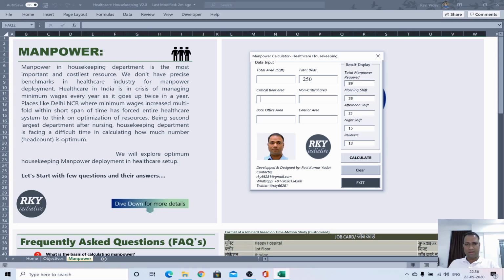Similarly for the critical patient floor area, non-critical patient floor area, back office area and exterior area. For example, if you have 75,000 square feet of critical floor area, then this will be the head count you should have.